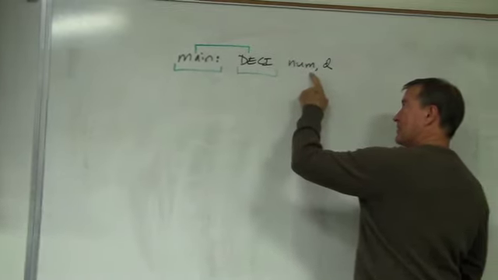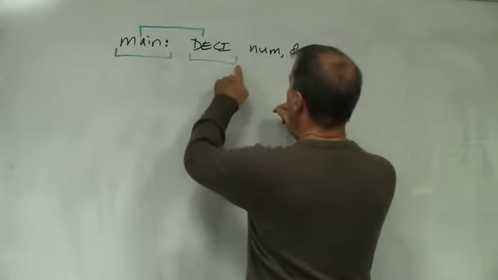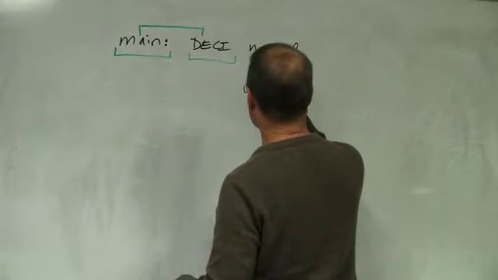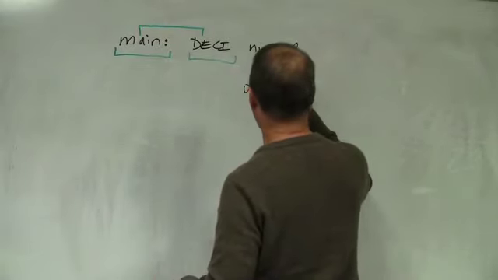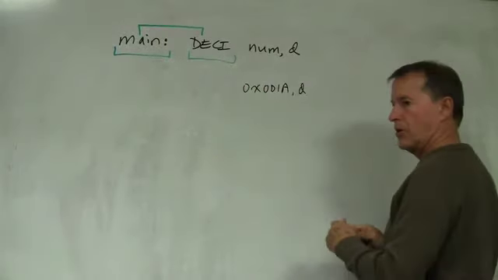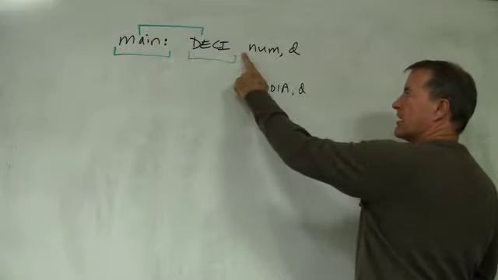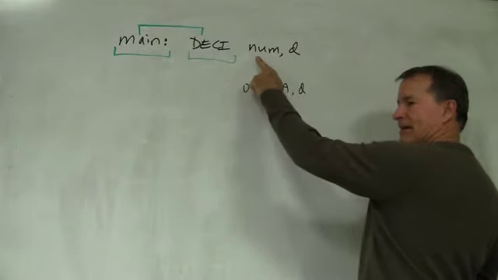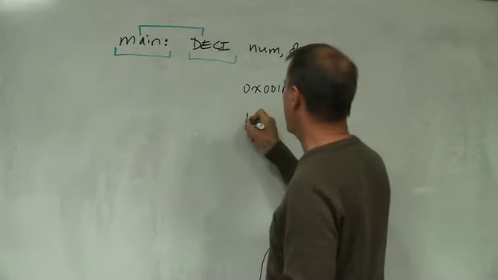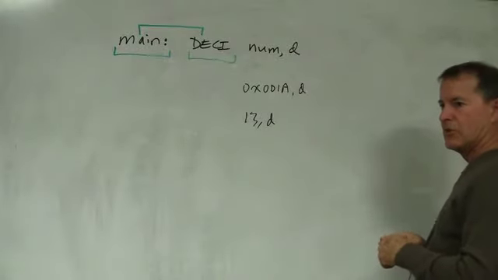That's another symbol. Or it could be this. How do you know when you get to this point if it's going to look like this or like this? 0x0001a, comma d. As soon as you don't have a 0 at the beginning of it. Well, I know, but when you're at this point, you don't know if what's going to come up is going to be a symbol or this, or it could be this. It could be like a 13, comma d. Do you see what I mean?